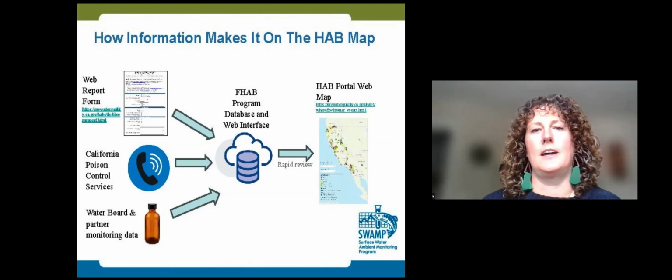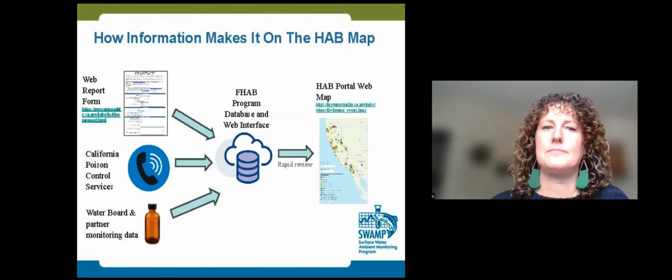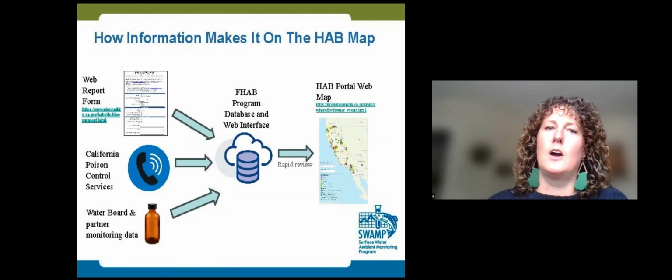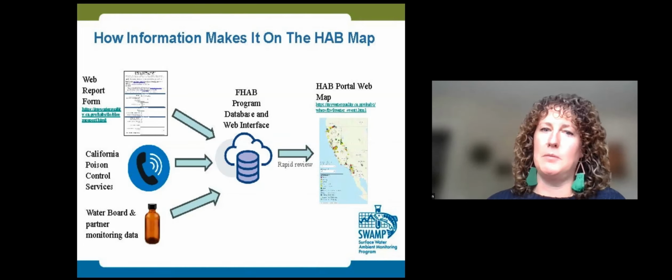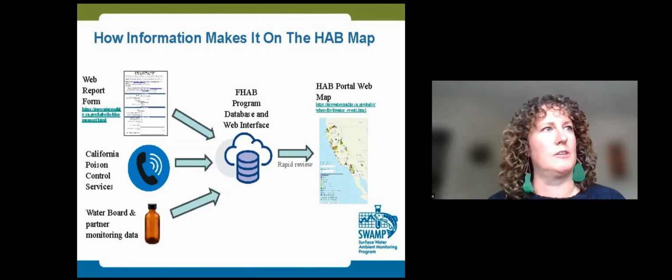And of course, data and information from our internal Water Board sampling efforts, and also partner monitoring data that's shared with us. All of this information is then funneled into our FHAB program web-based database, where staff internally then QA the data before publishing it for the public on our HAB web map. We try to be as efficient as possible in making sure that information is translated to our map within 2 business days, so the public is kept aptly informed.